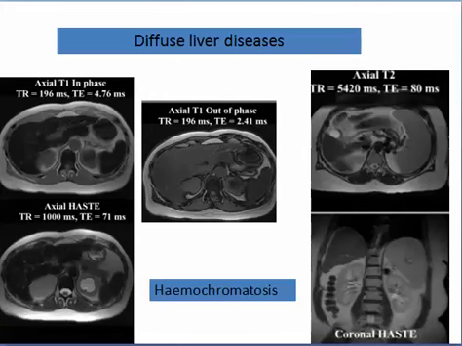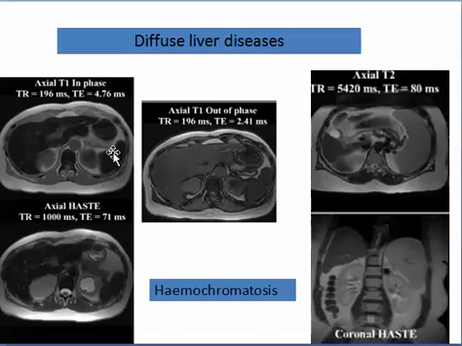Diffuse liver disease, this is axial T1 in phase. This is axial T1 out of phase. T2 star or heavy T2. This is hemochromatosis, different appearances in different sequences.